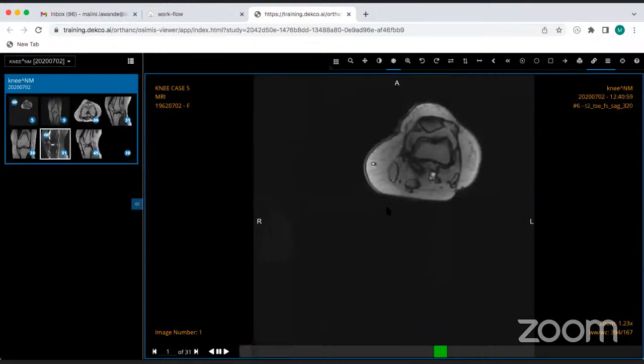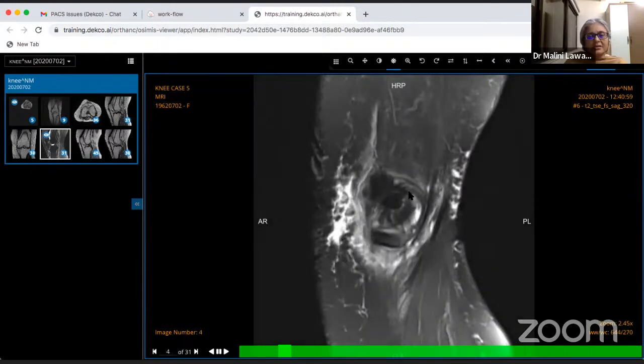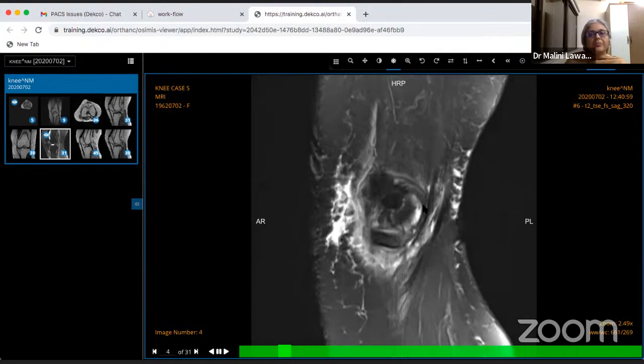When we look at knee MRI, we always follow a particular sequence. The first sequence I would like to look at is always the fat saturated sequence. It is usually sagittal in our protocol, but it could be coronal. Different centers may do it a little differently, that's okay. But basically, we are looking at a fat sat T2.